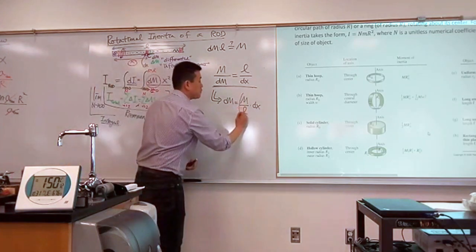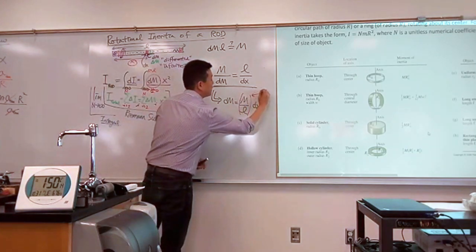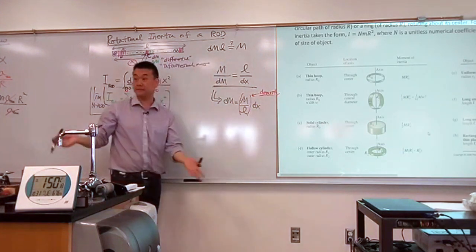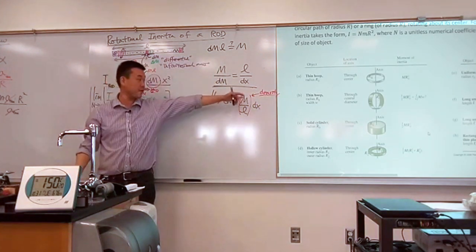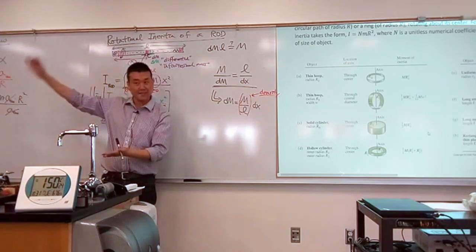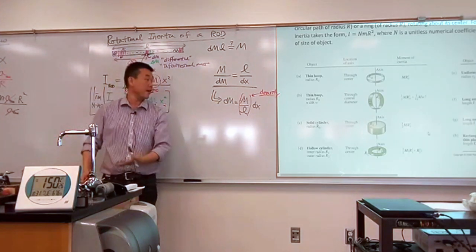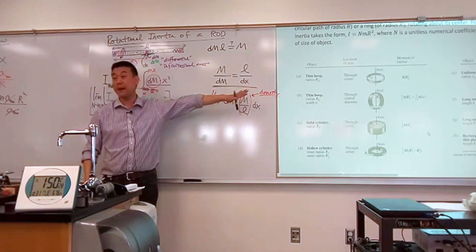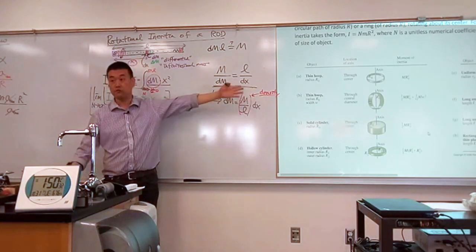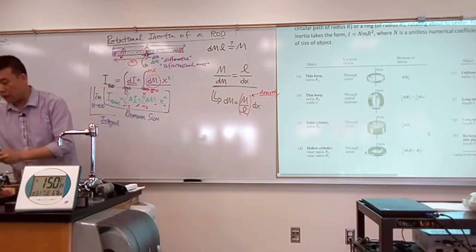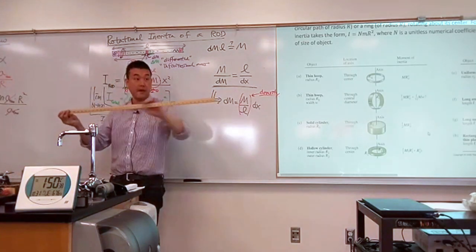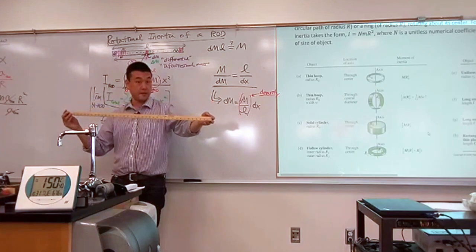This is what you might call density. If you have heard the word density, then that's what it is, mass per some spatial extent. Later, in the last week of this semester, we're going to do fluids and we'll do density properly. Here, it's like a linear density of the ruler. You take however much mass of the ruler you have, divided by its length, and you get the linear density.